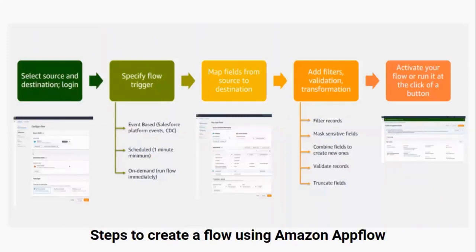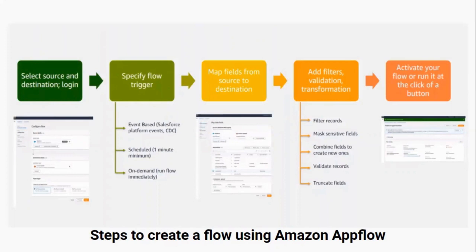So here are the steps to configure any flow. It just takes a few minutes to create it, starting with naming the flow. Give it any specific name, related to whatever work the flow will do. Then, as I said, we would come in and specify the source and the destination for our flow. The next step is to specify a trigger mechanism. There are three types of trigger mechanism present here.